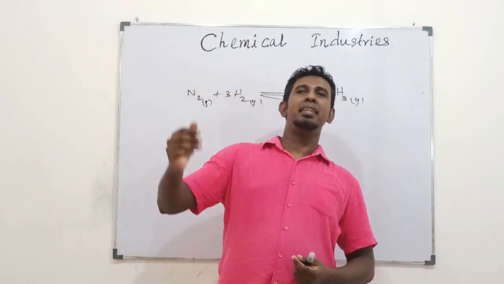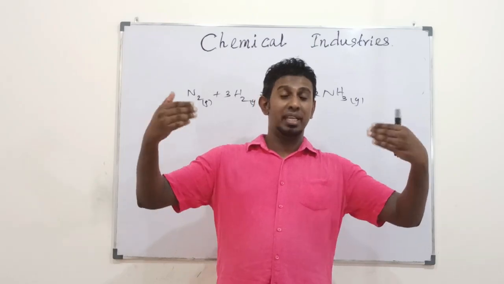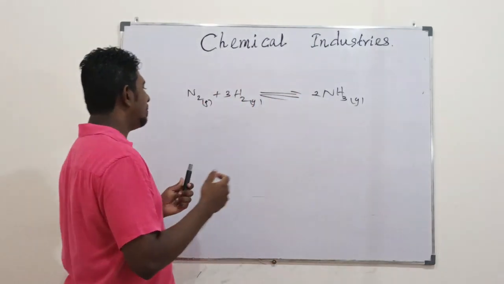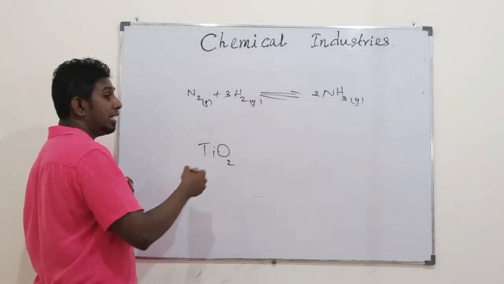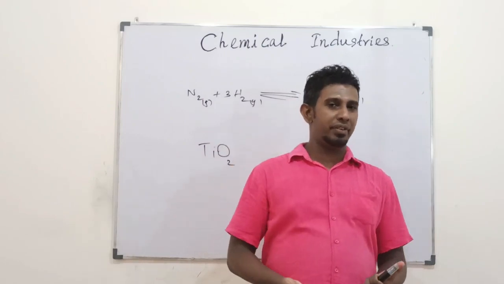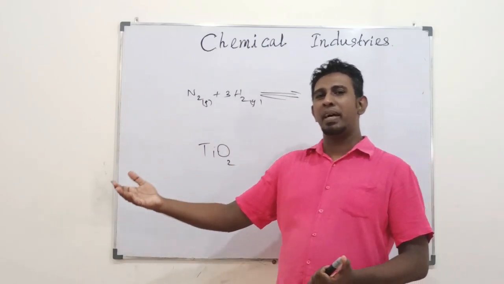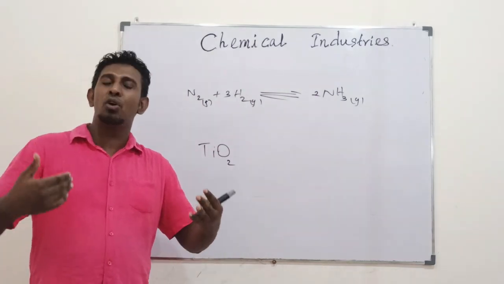But in some other industries, like the paint industry, you would have some pigments being used. Titanium dioxide is the white colored pigment used in paints. So in the final paint product also you would have the same raw material.